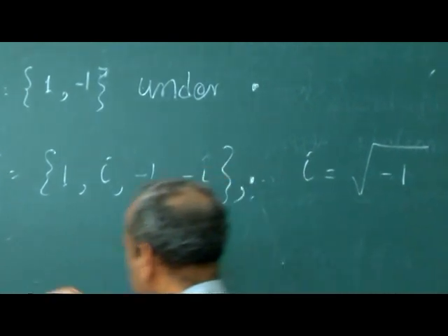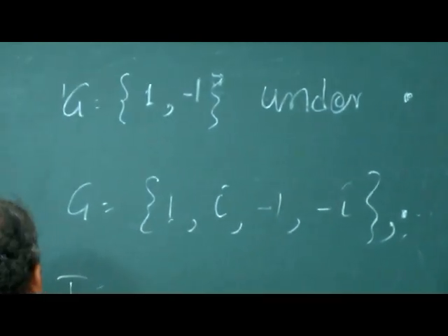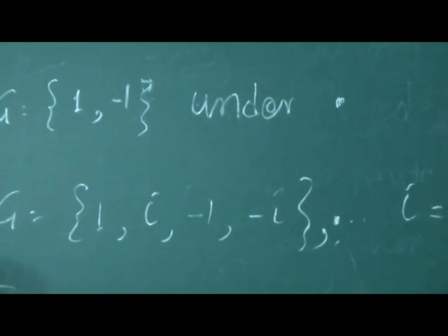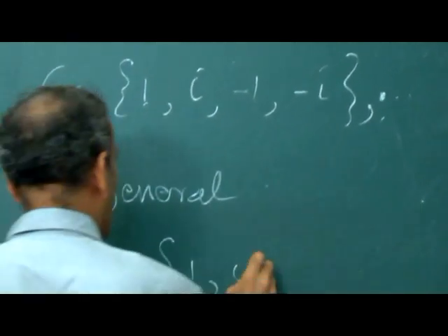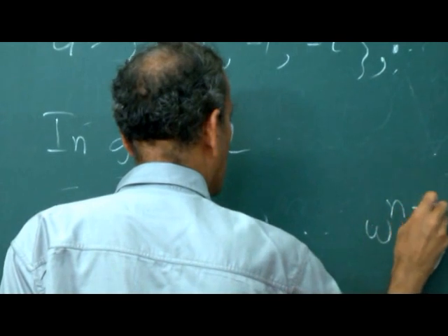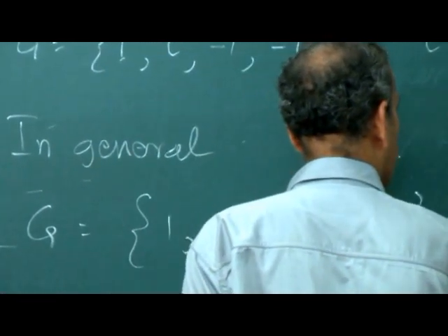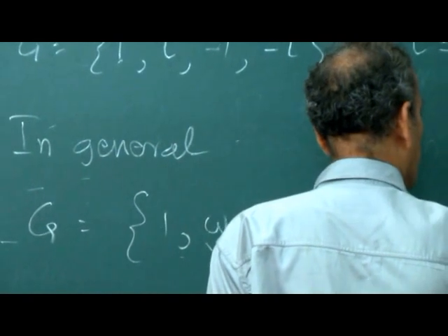So, in general, you can consider omega, which is a primitive nth root of unity.